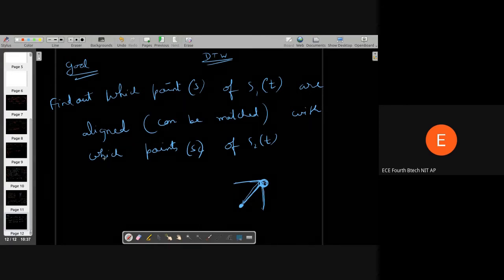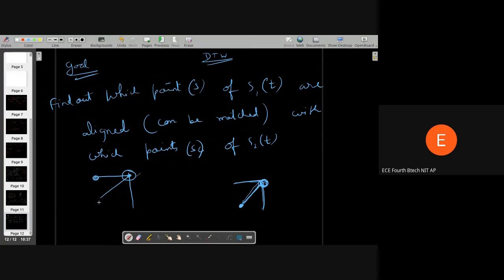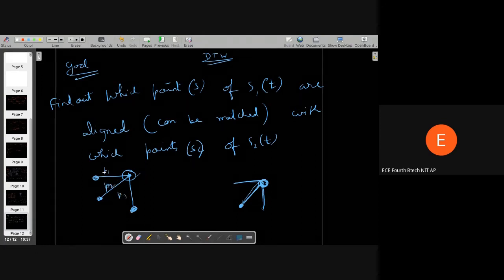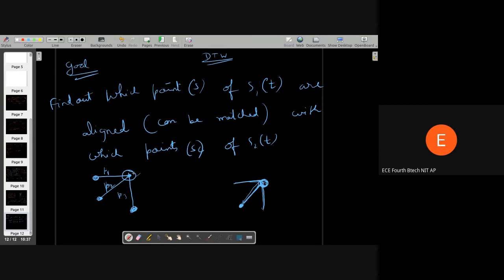So we'll consider this first case where there are only three parts, the simplest form of DTW, where any point you can reach from three other points based on this part 1, part 2, part 3. You can also give some emphasis on the point.